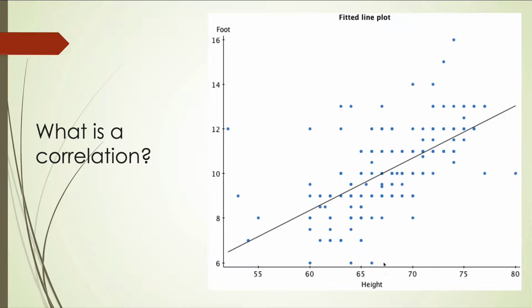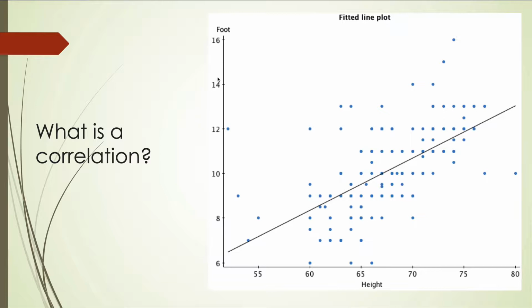What we can see here is, again, remember, they're graphed along a y and an x-axis. If you remember from way back in algebra, this is the x-axis, and on the x-axis, we have height in inches. So this is 55 inches, 60 inches, and so on. Over here on the left-hand side, the y-axis, we have the size of the person's foot in inches.